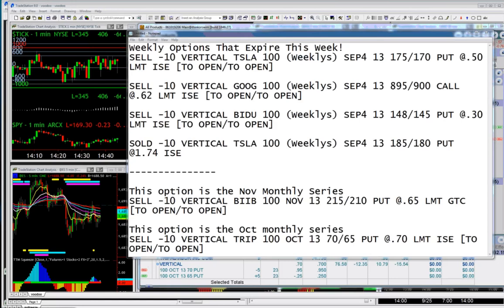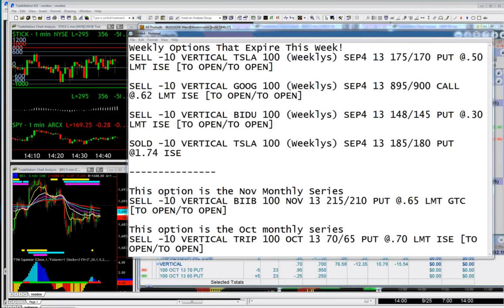Don't try to buy a bunch of calls in a market that's sloppy because you're going to lose money. And especially don't buy a bunch of calls in a market that's about to sell off and die. Obviously, you're going to lose money in that case too. So when the markets are choppy and sloppy, err on the side of safety and sell premium, okay?